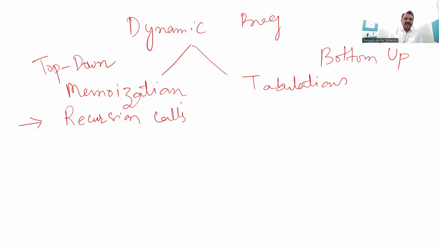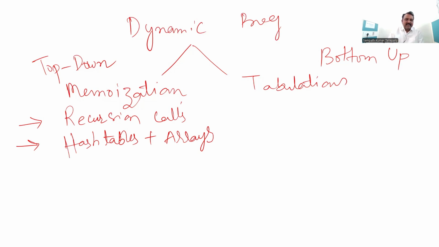So whenever I talk about the memoization technique, we are going to use recursion calls. And if I use memoization, we are going to use hash tables, plus we are going to get the help of arrays also.